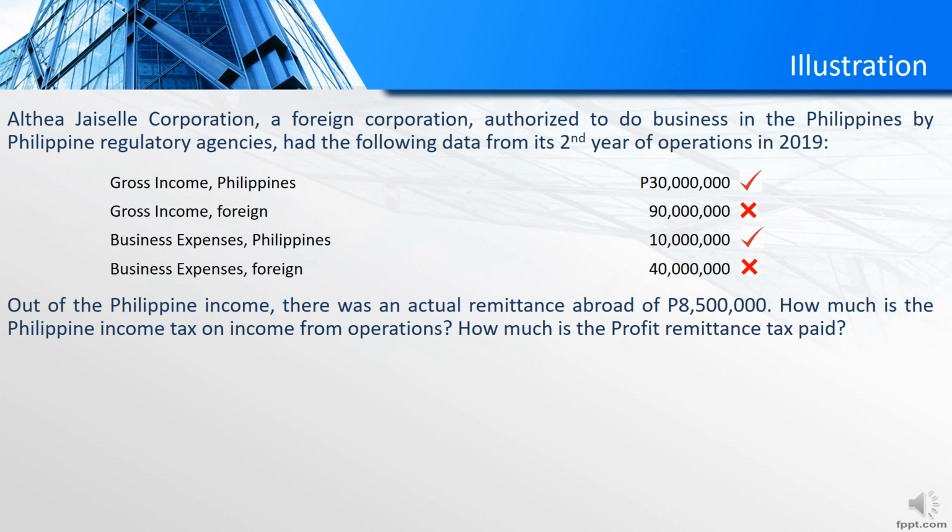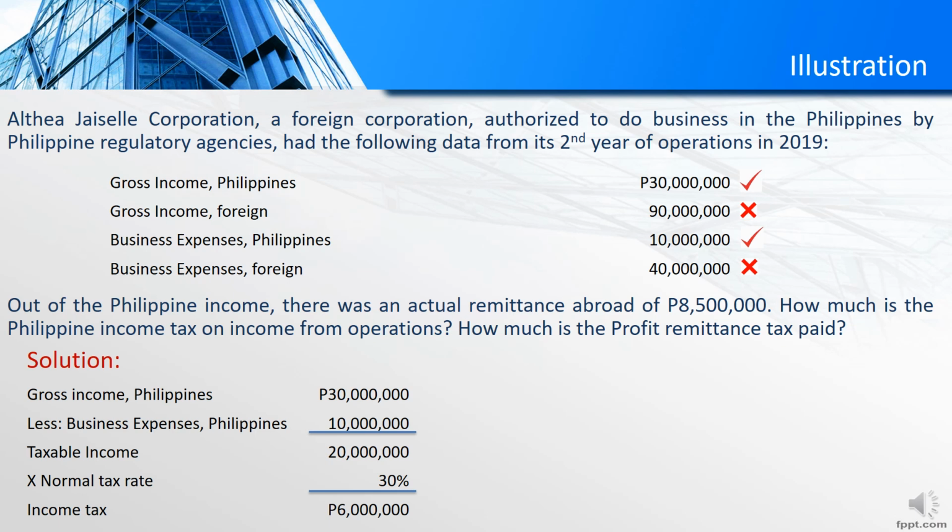Thus, let's compute for the Philippine income tax. Gross income from the Philippines of 30 million, less business expenses in the Philippines of 10 million, we will arrive at a taxable income of 20 million times the normal tax rate of 30%. So the income tax for the year will be 6 million.